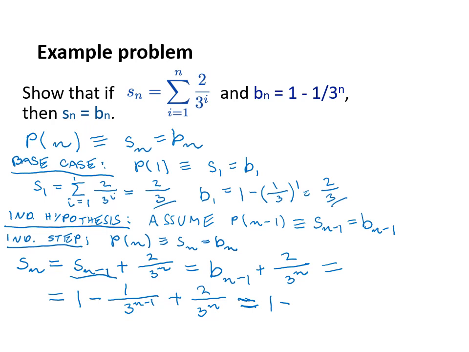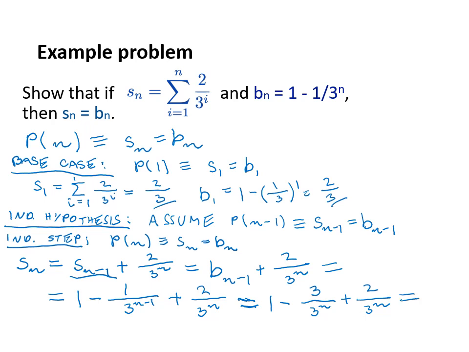So let's try to do this maybe in an easier way. So that's 1 minus 3 over 3 to the power of n plus 2 over 3 to the power of n.